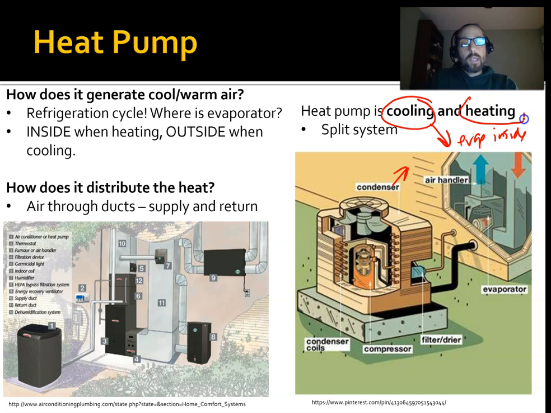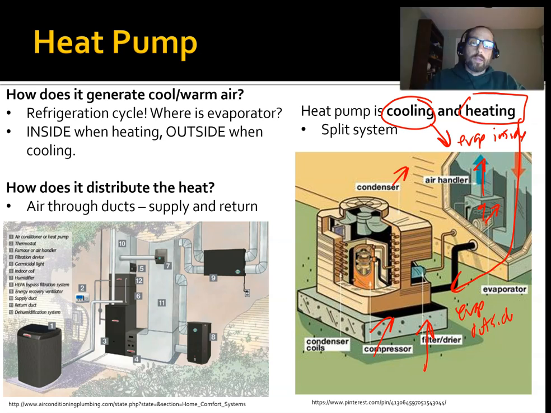If I'm in heating mode, it actually flips, and my evaporator is outside, and my condenser is inside. So in heating mode, I take heat because I'm evaporating outside, and I dump the heat inside, and that's what I blow out into my supply ducts.